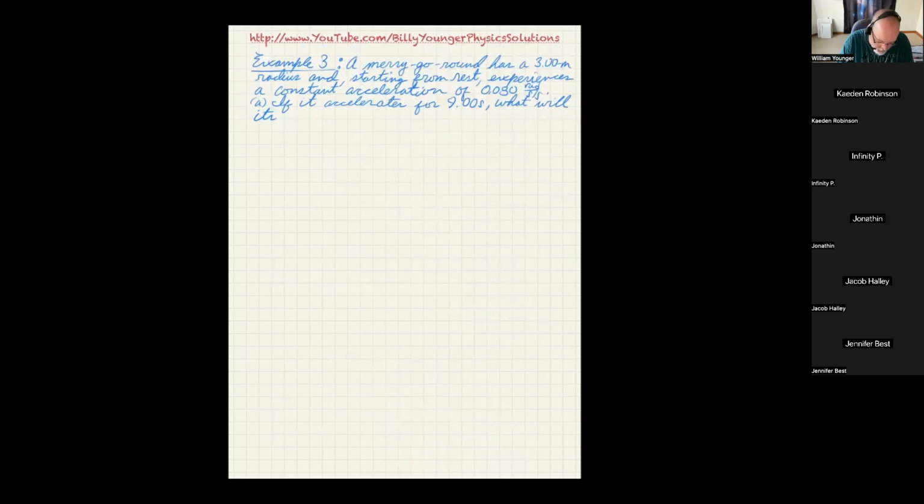In this case, a merry-go-round has a 3-meter radius and, starting from rest, experiences a constant acceleration of 0.080 radians per second every second. If it accelerates for 9.00 seconds, A, what will its angular velocity be?